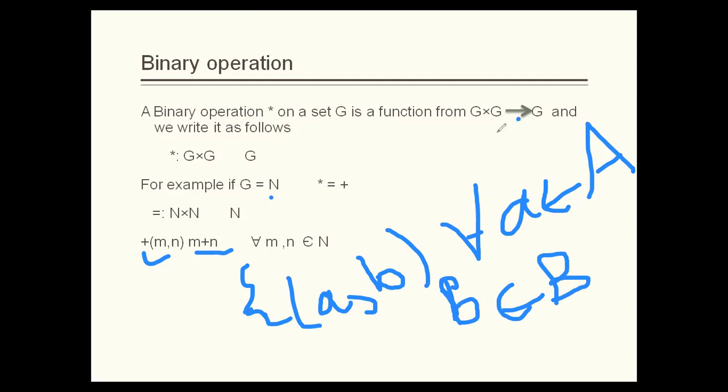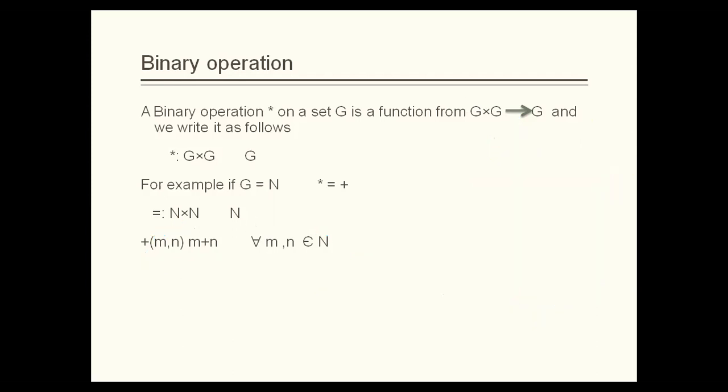Here the first set and second set are both equal to G. So here a plus b also belongs to natural numbers, because our set G is the natural numbers, and the sum of two natural numbers is again a natural number. So that's why addition is a binary operation on the set of natural numbers.